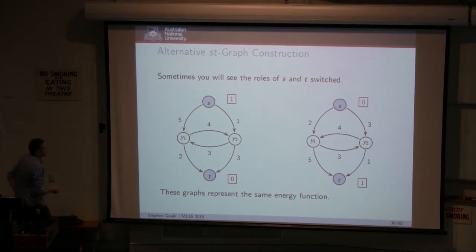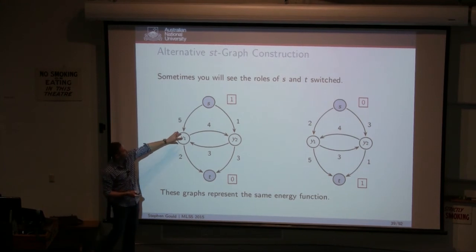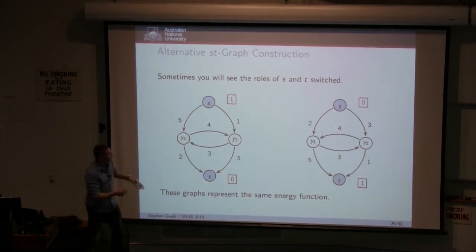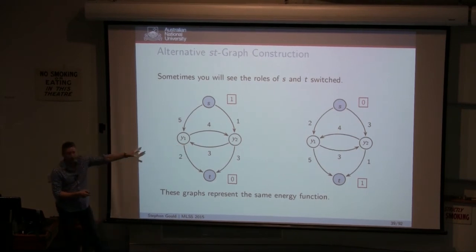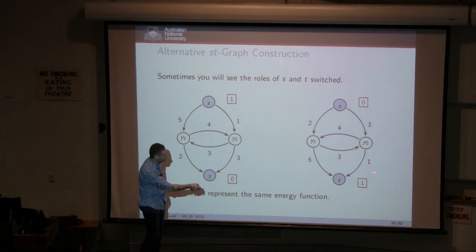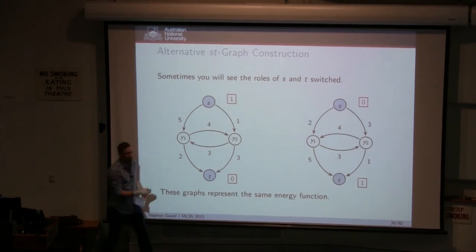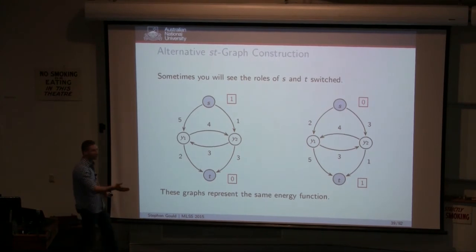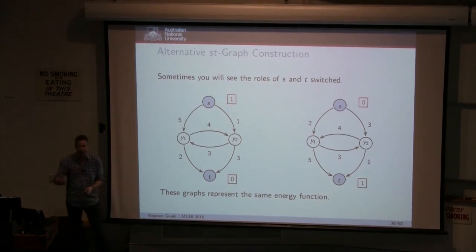Right. So this goes back to the question over here of what happens if we switch the meaning of S and T. Well, you end up with a graph construction which is done in the equivalent way, but the same thing happens. Cuts in this graph correspond to assignments to the variables, and the cost of that cut corresponds to the energy value for that particular assignment.